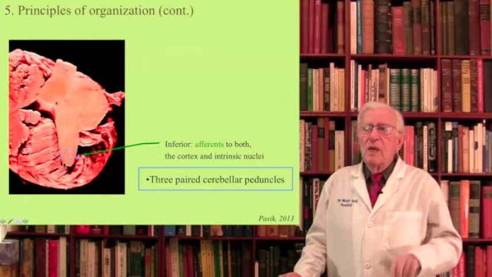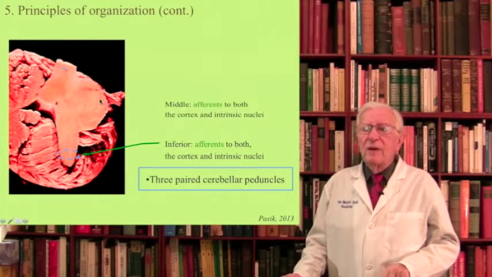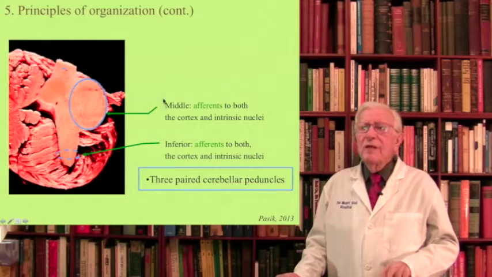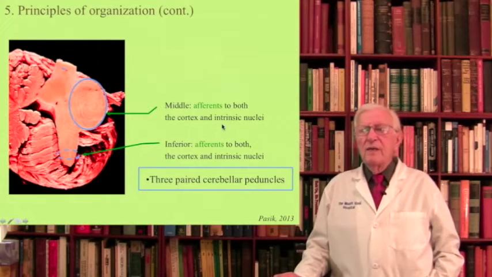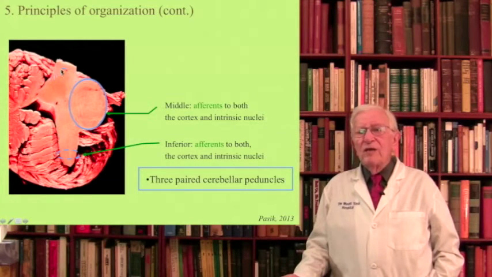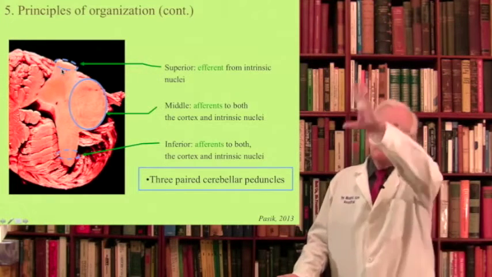And then you have the middle cerebellar peduncle, this one, all right, that contains also afferents to cortex and intrinsic nuclei. And finally, you have here the superior cerebellar peduncle that has the output.